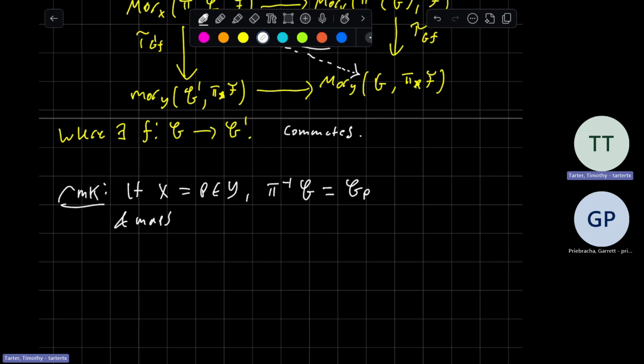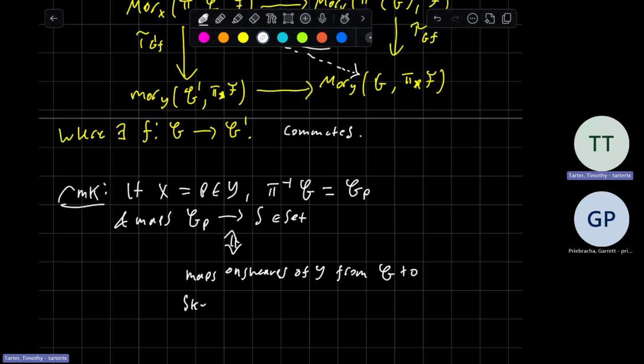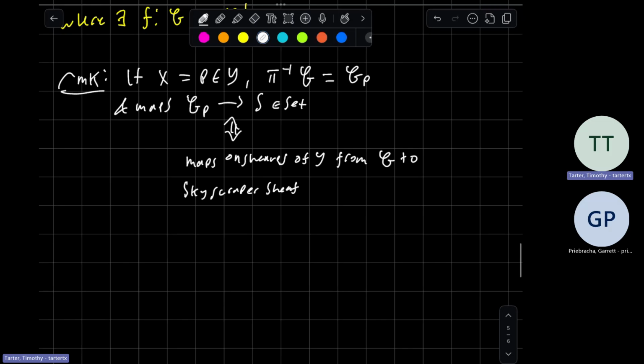And maps from G_P to a set S correspond to maps on sheaves of Y from G to the skyscraper sheaf with S at P, such that it is equal to S if U contains P, and trivial otherwise.